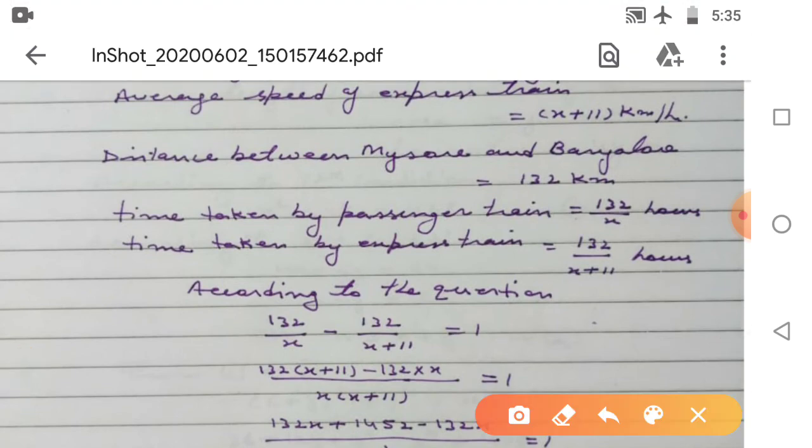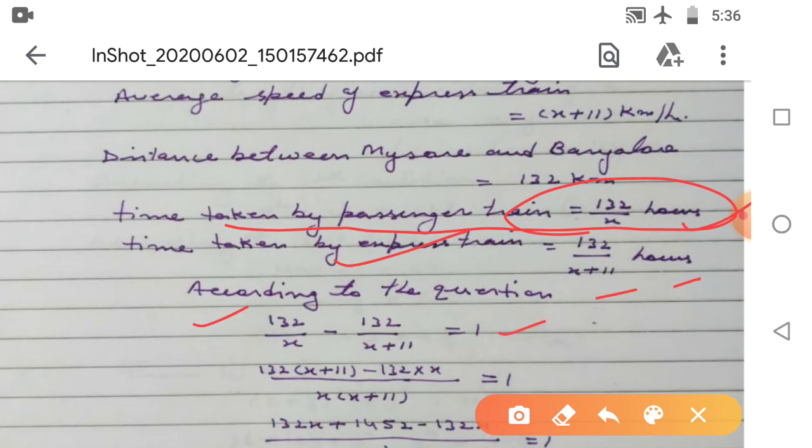The time taken by the passenger train is distance upon speed, so 132 upon x hours, and the time taken by the express train is 132 upon x plus 11 hours, right. The time gap is 1 hour. So, 132 upon x minus 132 upon x plus 11 is equal to 1. Okay. When the speed is more, the time will be less.